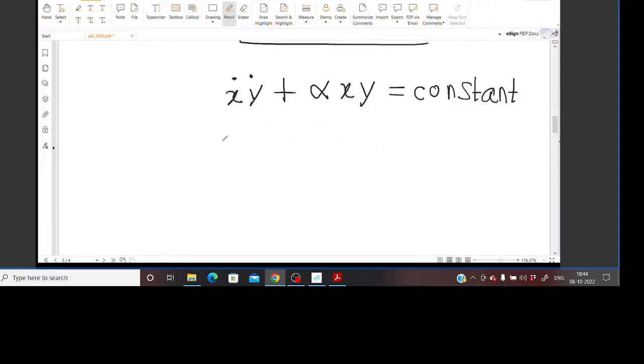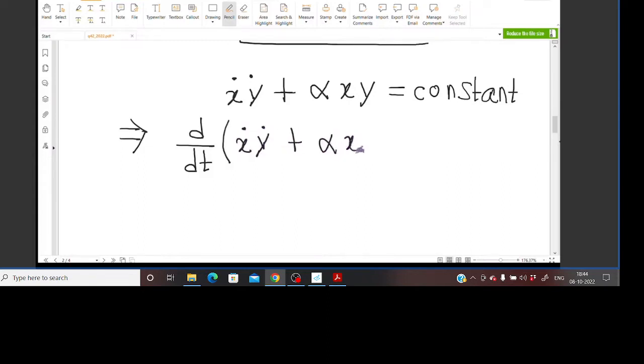In this question, it has been given that x dot into y dot plus alpha xy equal to constant. So d dt of this quantity is 0, as the differentiation of a constant is 0.